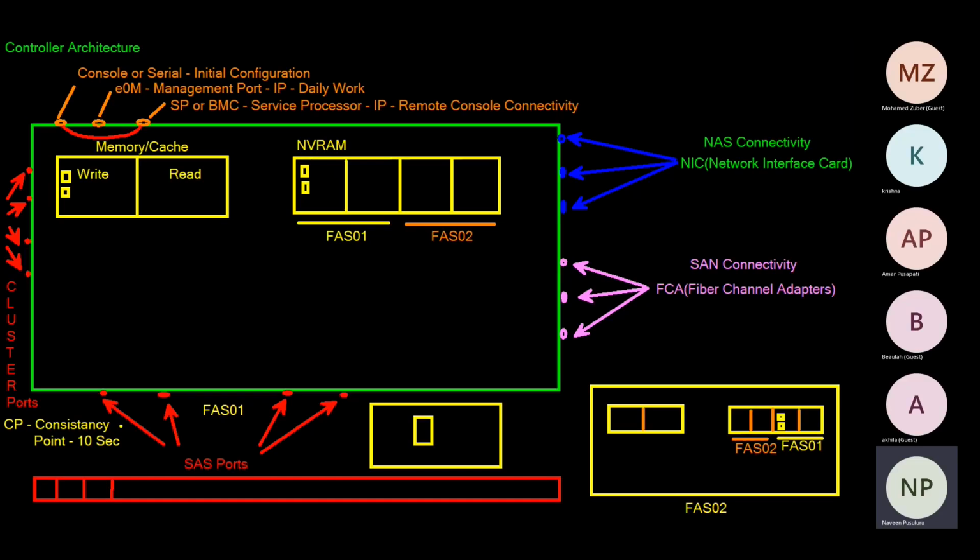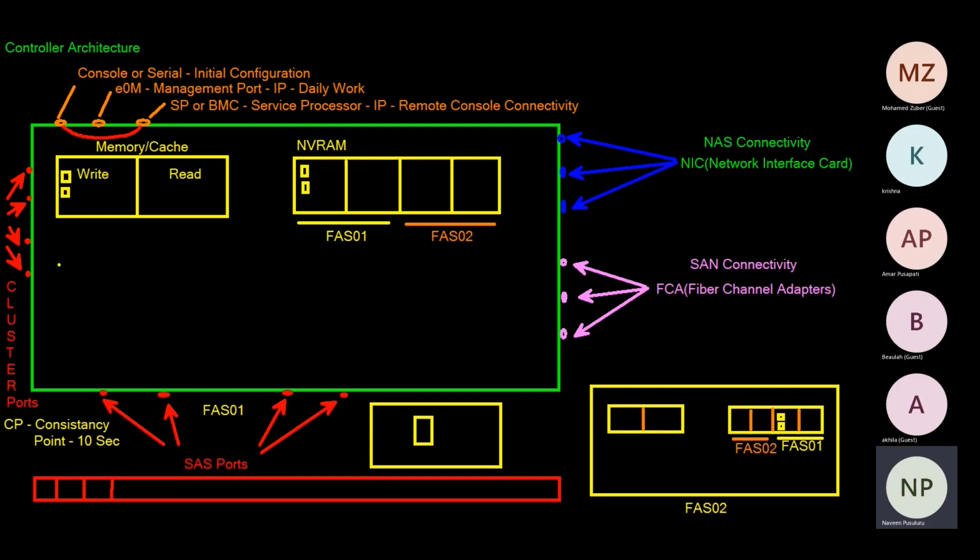Whatever data you wrote to the controller storage in the last 10 seconds will be stored in the memory, the local controller environment and the partner controller environment. Once it reaches the 10 seconds mark, it will trigger this process.